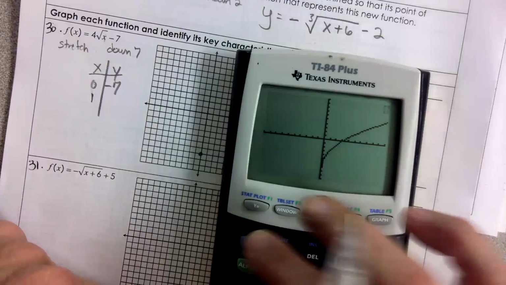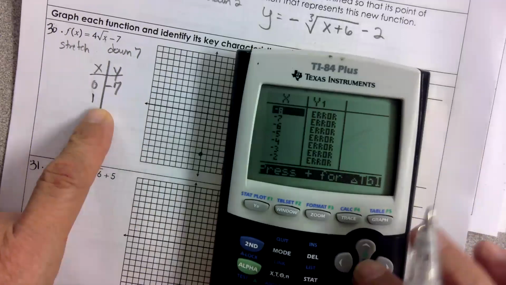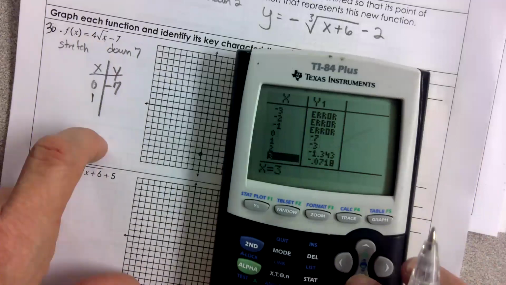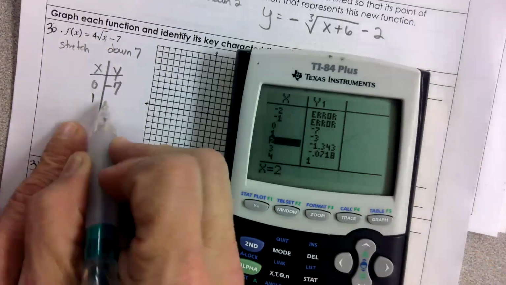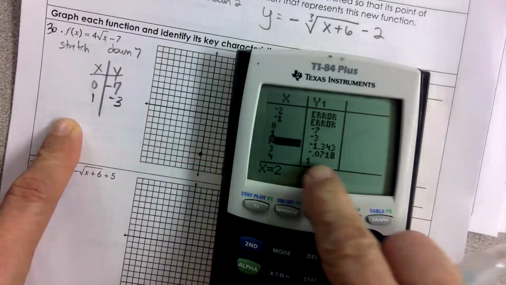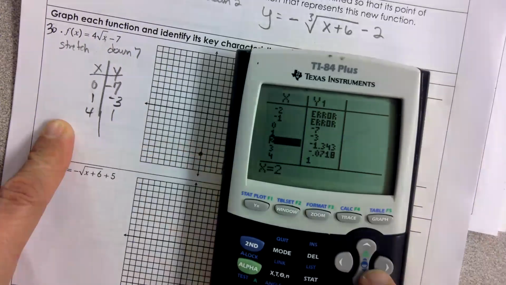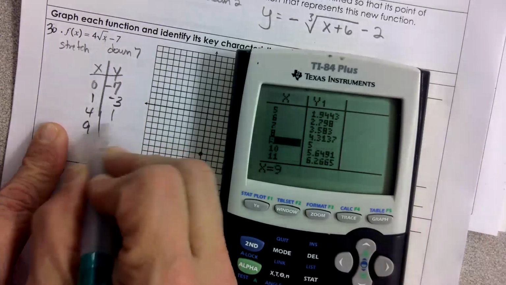And then your table. See how it's an error at all those negatives? Because that would be a negative square root. So then you got 1, -3. And then 4, 1. And then if you keep going, 9, 5.